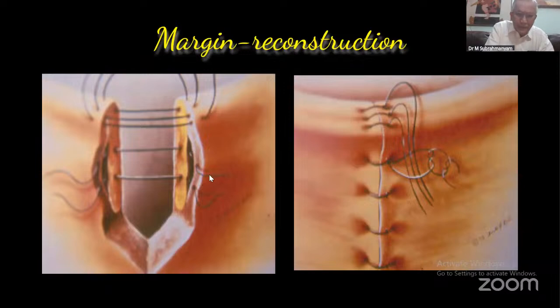Then pass sutures through the skin and orbicularis oculi. Once you have tied the knot, you pass the long cut ends of the margin sutures and enclose them in the second and third sutures. That means you are making sure that these sutures are kept tight and away from the eyeball so that they do not irritate the lid.